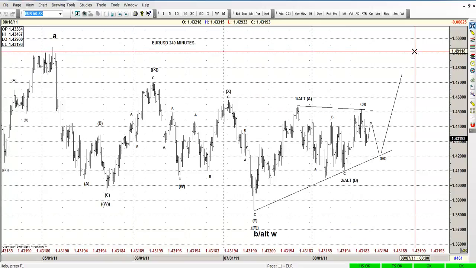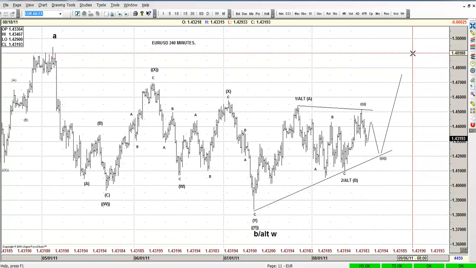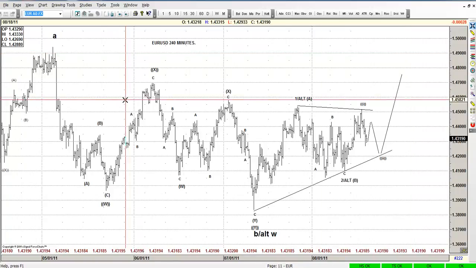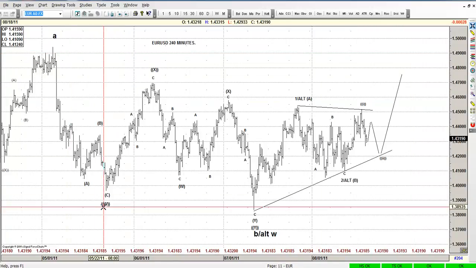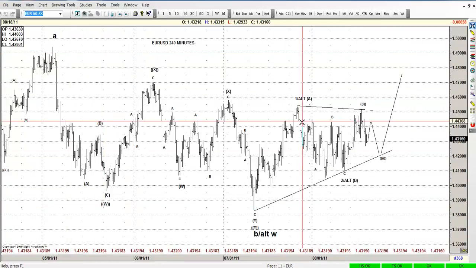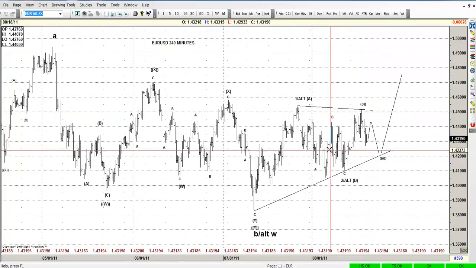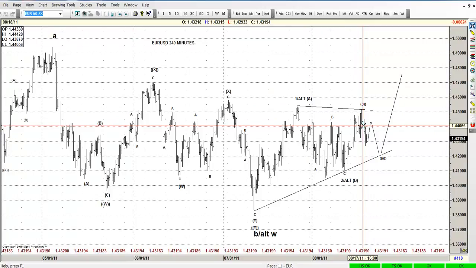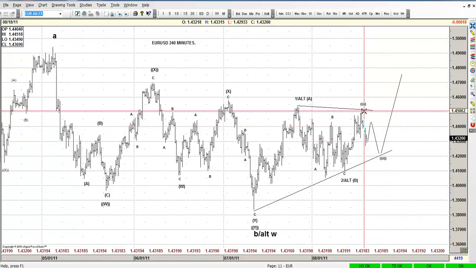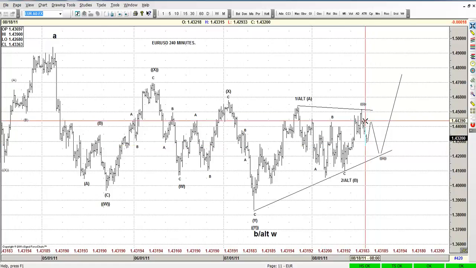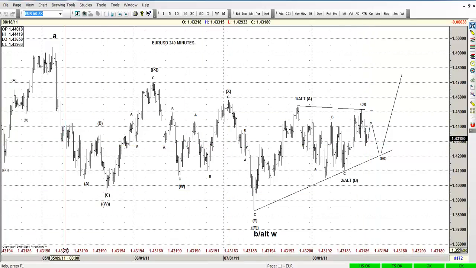Now there is a bearish scenario, which is a bearish triangle, where you've got W and then A, B, C, D, and E ended. What I don't like about that one is that this move right here looks correct so far.